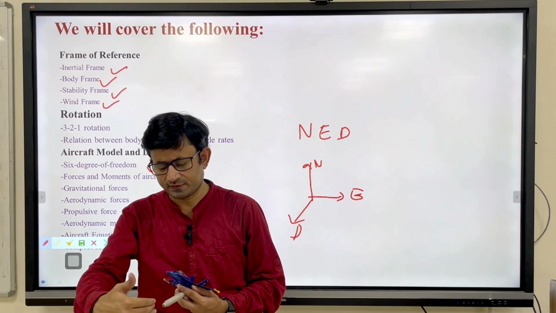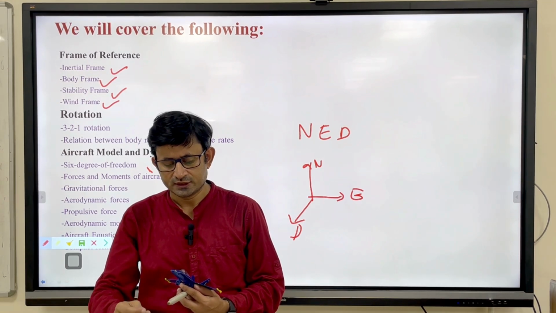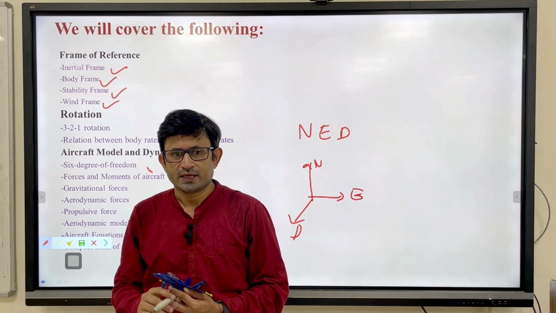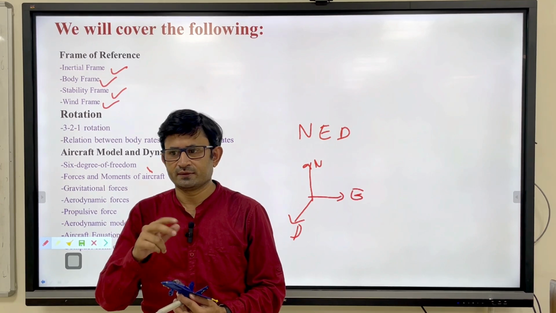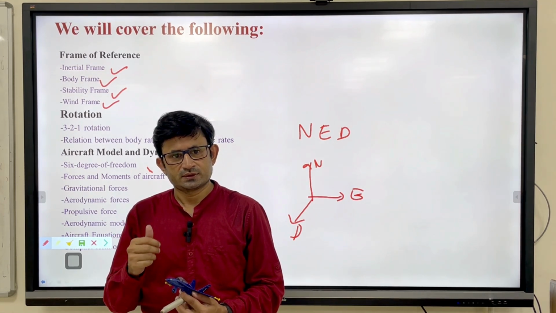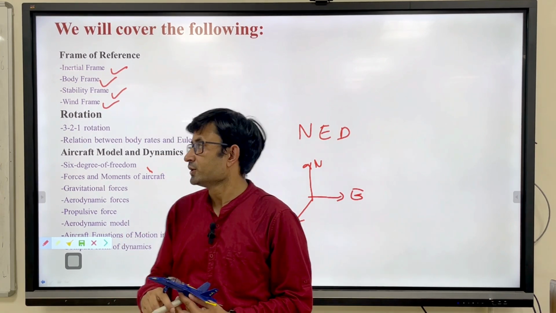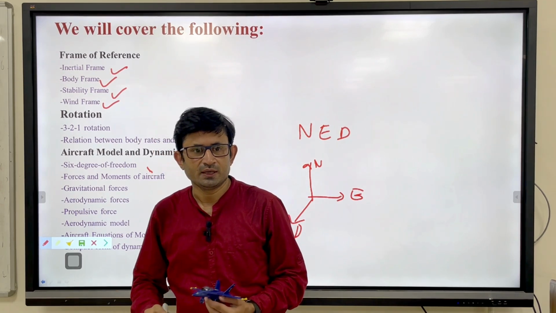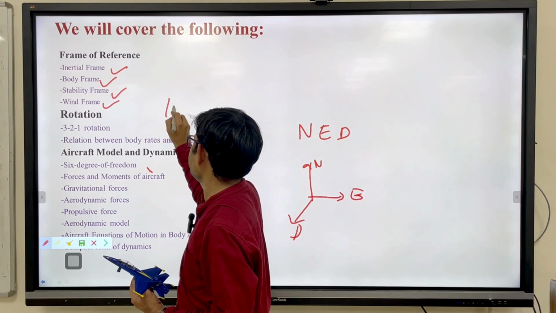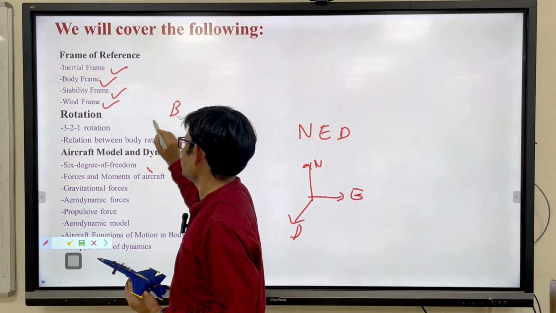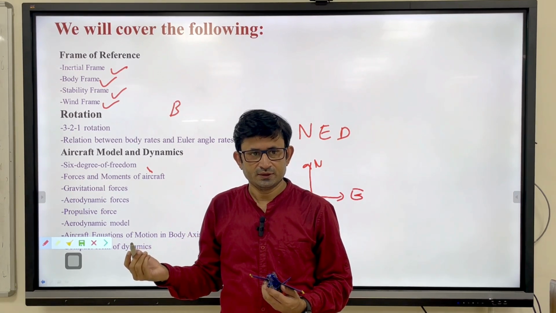If the relative air is coming from that direction, this will be the x axis, perpendicular to that will be y, and z will be perpendicular to both x and y. That will be the stability frame, and when you rotate the stability frame by the sideslip angle beta, you reach the wind frame, right?